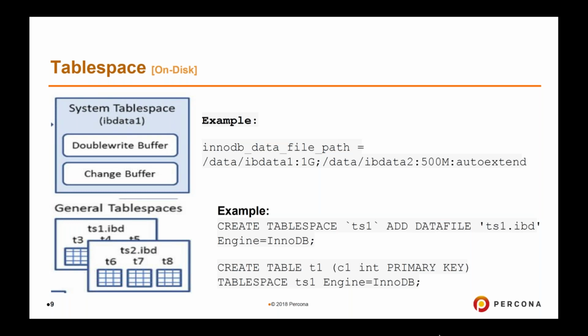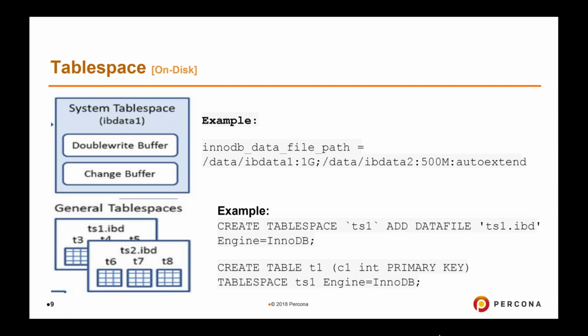The first table space is the system table space. This changed in 8.0. Earlier in the system table space, we used to have our data dictionary and undo log. These are the two components we additionally have in 5.7 by default. But in 8.0, by default, my system table space will only keep the double write buffer and change buffer.